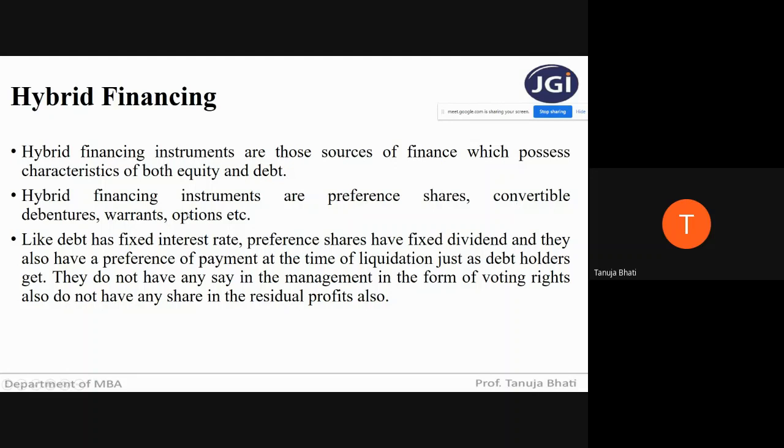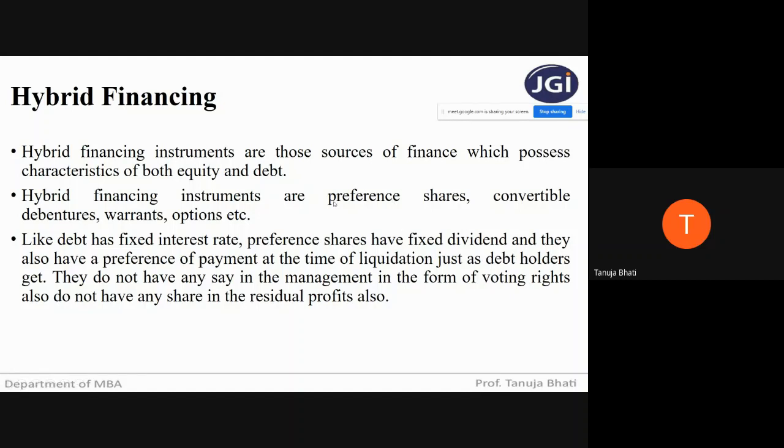Next, convertible debentures. Convertible debentures means they can be easily converted into shares. So they also have a combination of characteristics of both debt and equity. You know one thing, students, that debt and equity both get a fixed rate. When I say debentures, they get a fixed interest rate. When I say preference shares, they get a fixed rate of dividend.